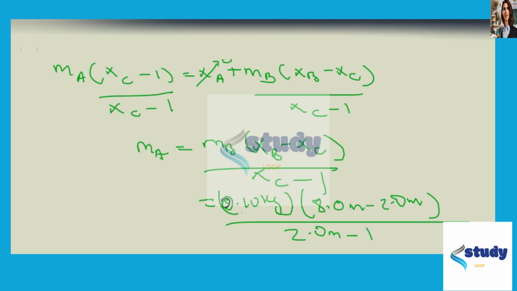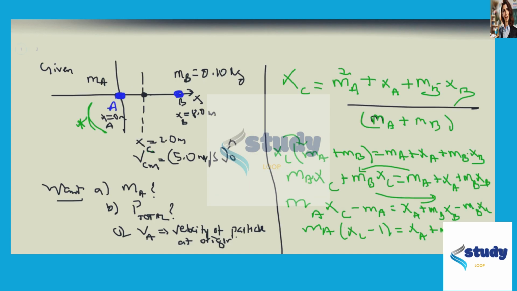And so if we simplify this problem, we get 0.1 times 6. So we get 0.6, the mass being 0.6 kilograms. So MA equals 0.6 kilograms. So we just want to go back and make sure that we had our answers right.